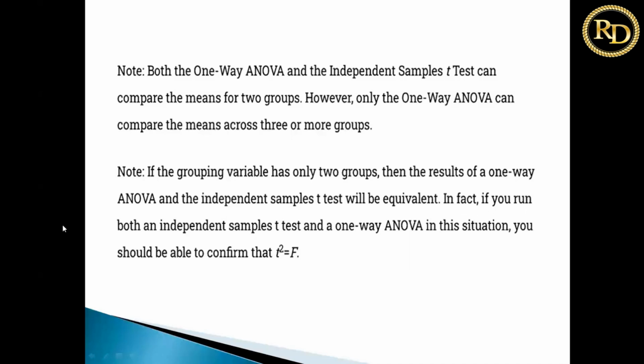In fact, if you run both for two groups, you should be able to confirm that t square is equal to F. It means there is a relationship between the t distribution and the F distribution, and it is theoretically well established that the square of the t distribution follows the F distribution.